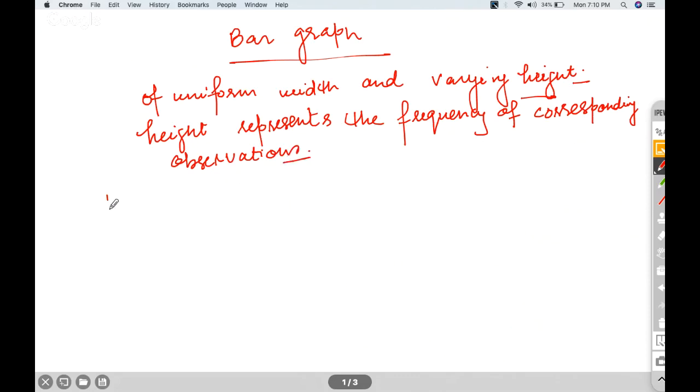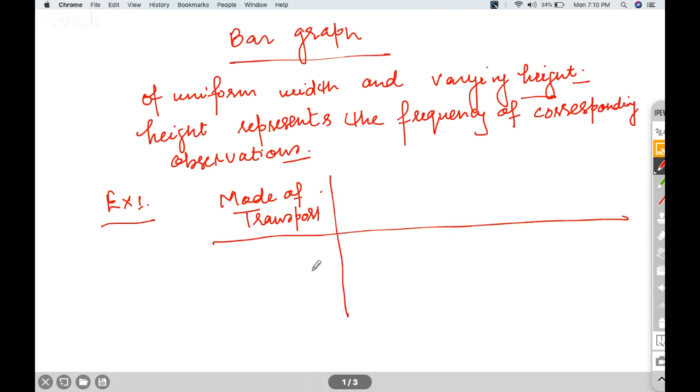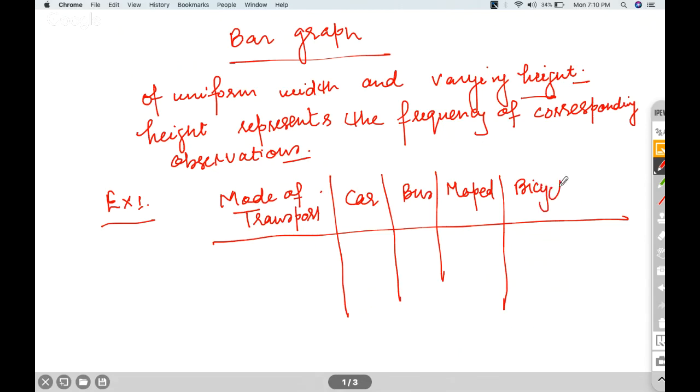Now look at here. This is mode of transport. So mode of transport is car, bus, moped, then bicycle, and then I have rickshaw.